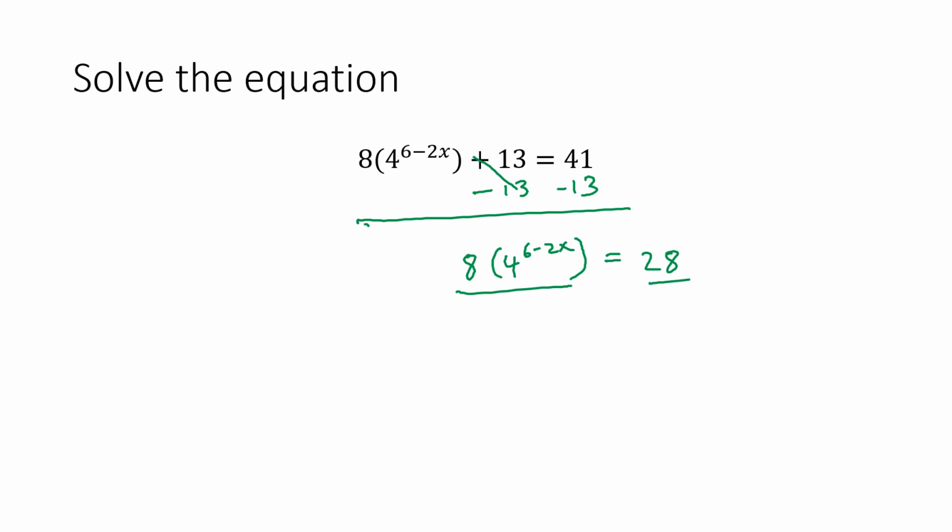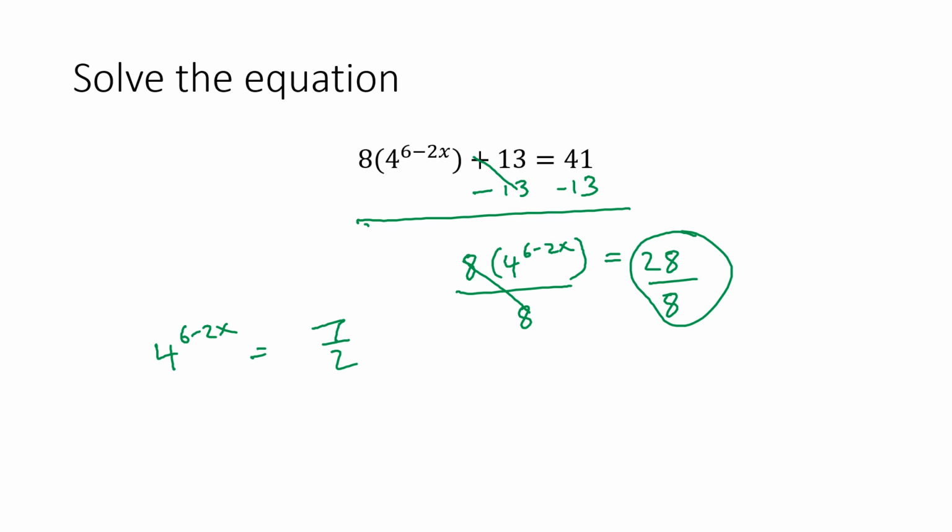Then we're going to divide both sides by 8 to get the exponential by itself. And this part here reduces to 7/2. So we're going to have 4 to the 6 minus 2x is equal to 7/2.